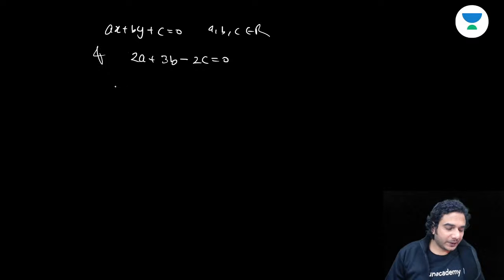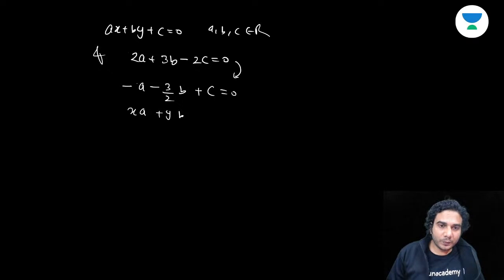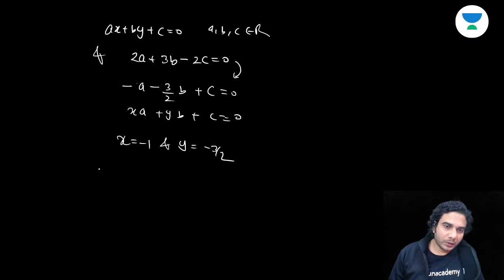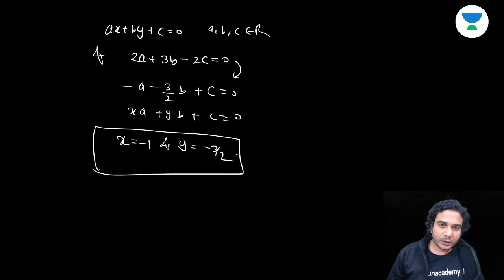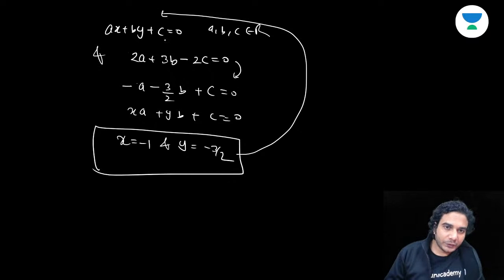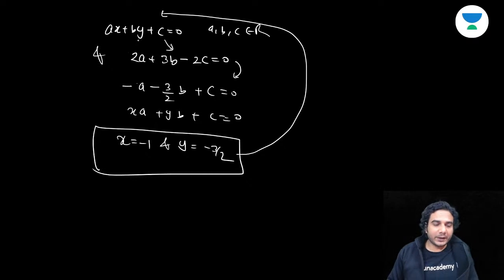If you divide it by minus 2, then it is going to be minus a, minus 3 by 2 b, and plus c. Rewrite this equation in this form and then compare it with x into a plus y into b plus c is equal to 0. Then you can compare x is equal to minus 1 and y is equal to minus 3 by 2. So this is the point. If you put this point in the line equation, you will get the given relation, which is 0.